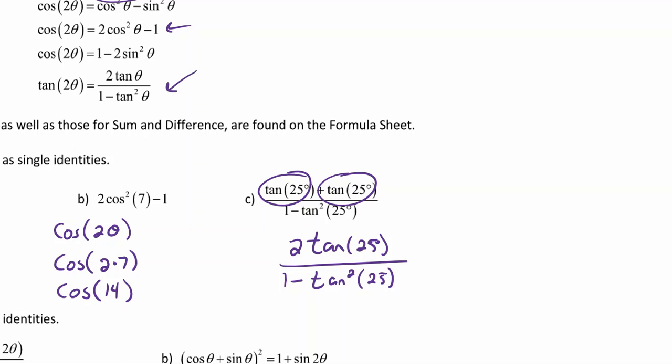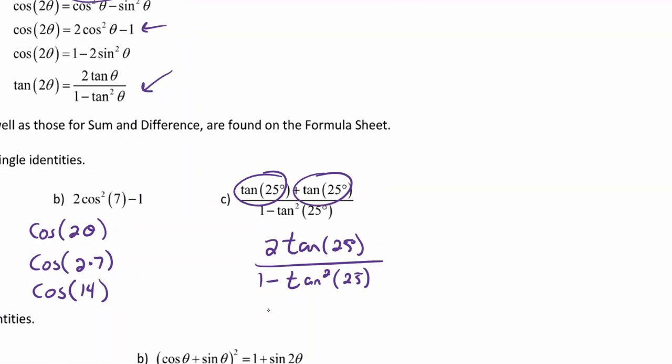Now this does look right, right? So I can rewrite this now as tan of 2 theta, and then my theta was 25, right? So that's going to be 2 times 25 degrees. So then this will be tan of 50.